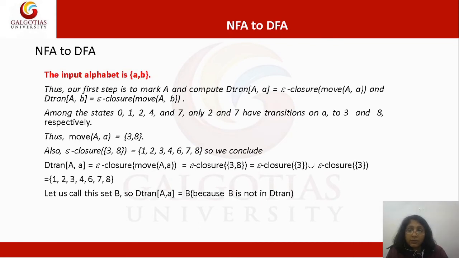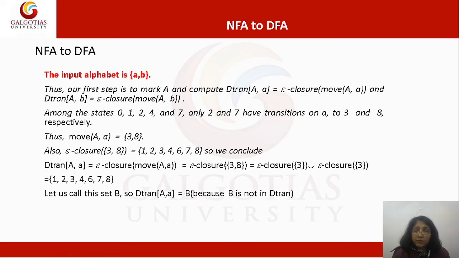So among these states 0, 1, 2, 4, 7, we see move of 0 comma a, move of 1 comma a, move of 2 comma a, similarly 4 comma a, and at the same time 7 comma a. Out of these, only 2 and 7 have a transition on a, to 3 and 8.